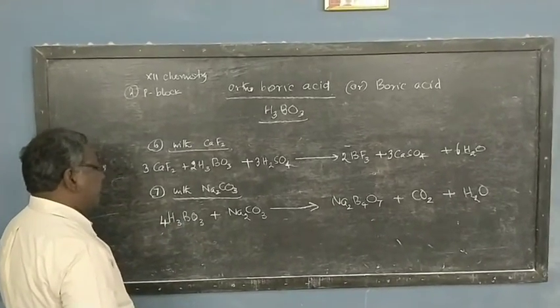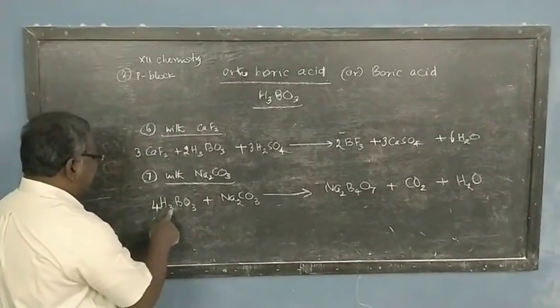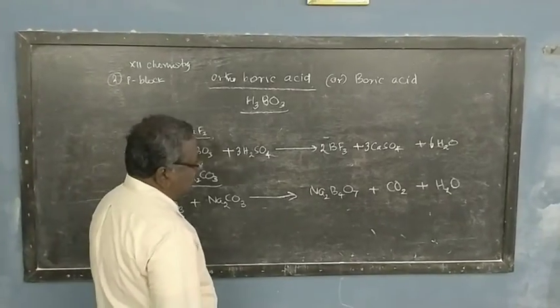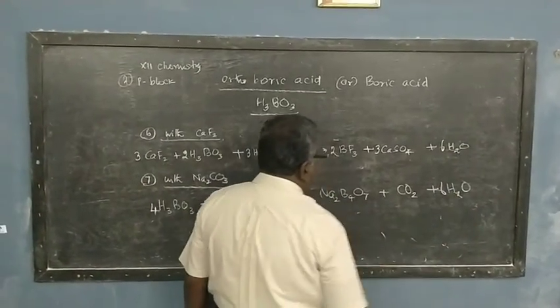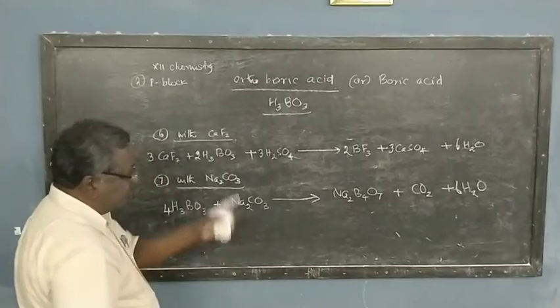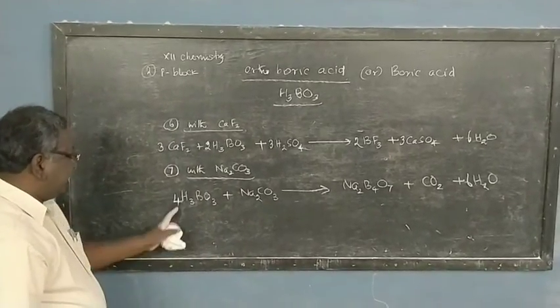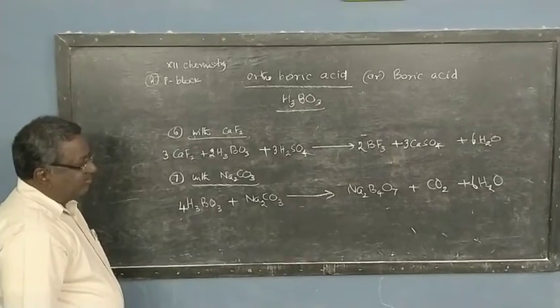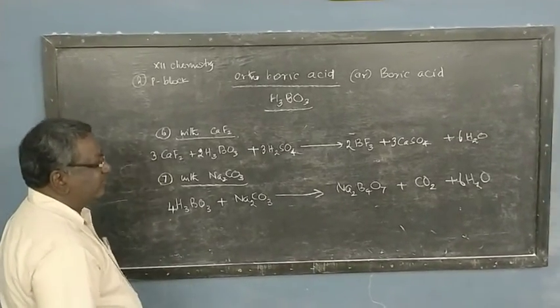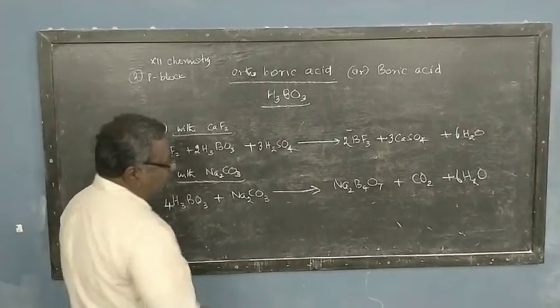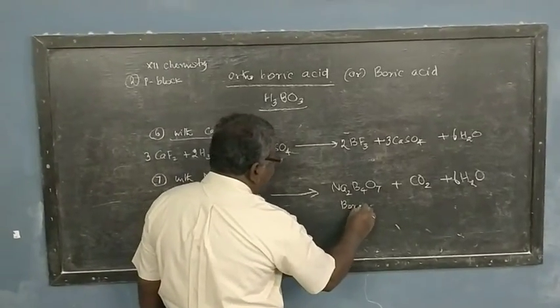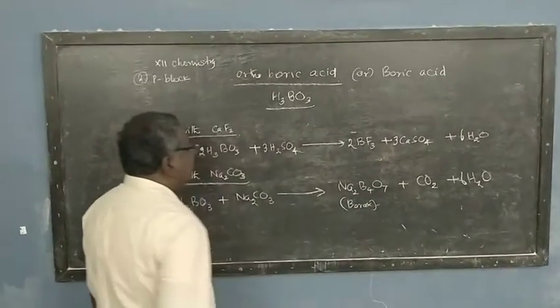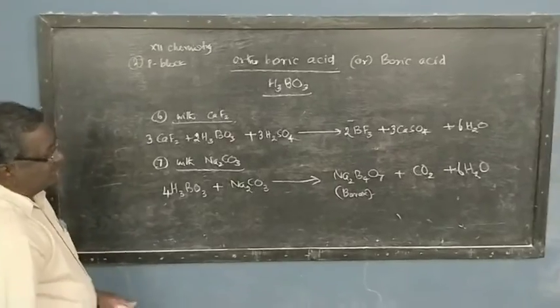Multiply this by 4. Right? Then hydrogen, it is 4 into 3, 12. Therefore 6 water molecules. Carbon 1, there is carbon 1. So oxygen, it is 4 into 3, 12, 12 plus 3, 15. There also it is 7 plus 2, 9 plus 6, 15. Right? So we get borax here. So these are the 7 properties of boric acid.